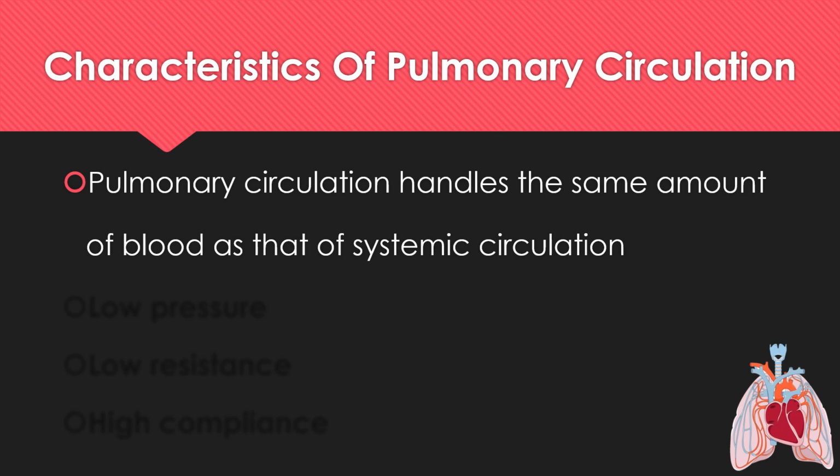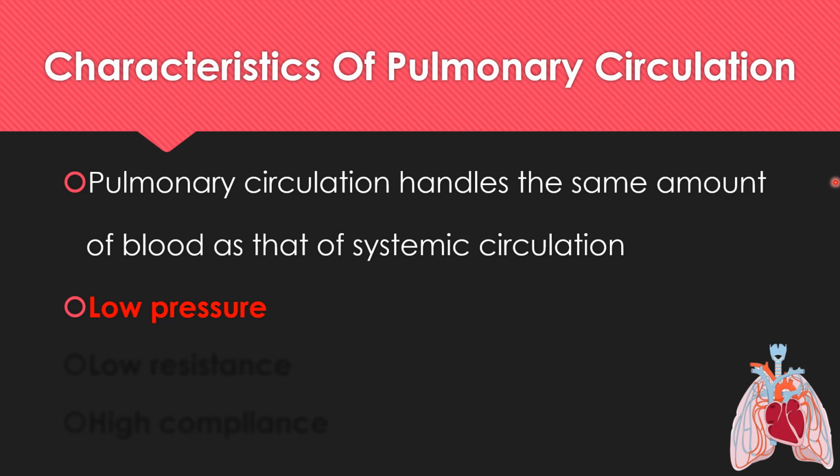Though it is called the lesser circulation, it receives the same amount of blood as the systemic circulation. It is called a low pressure system, yet it is enough to pump the blood to the top of the lung.